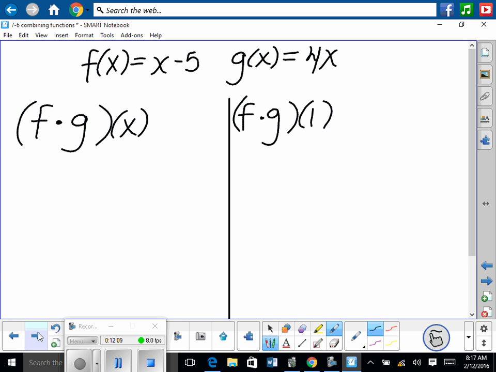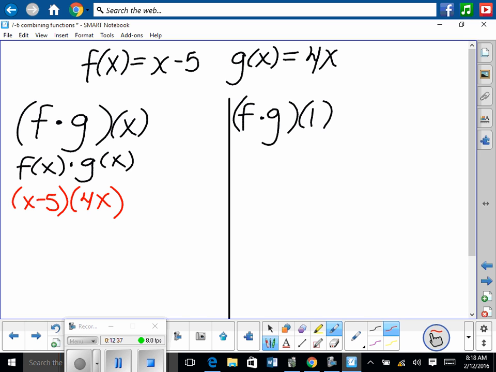Okay, let's go to multiplication here. So we have f of x is x minus 5, g of x is 4x. We're going to find f times g of x. So isn't that just f of x times g of x? Anytime we are multiplying, we do need to put these in parentheses. So f of x is x minus 5. We're multiplying that to g of x, so g of x is 4x.